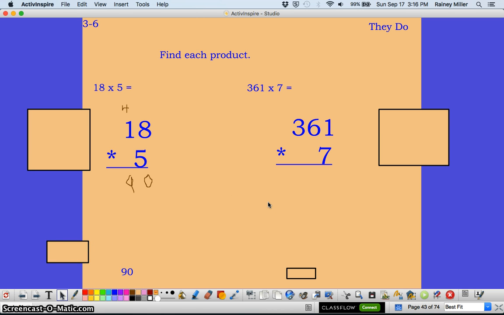Okay, the next one. I am going to say 7 times 1 is going to be 7. 7 times 6, okay, it takes me a second to think through this, so 14, 21, 2 21s is 42. 42.